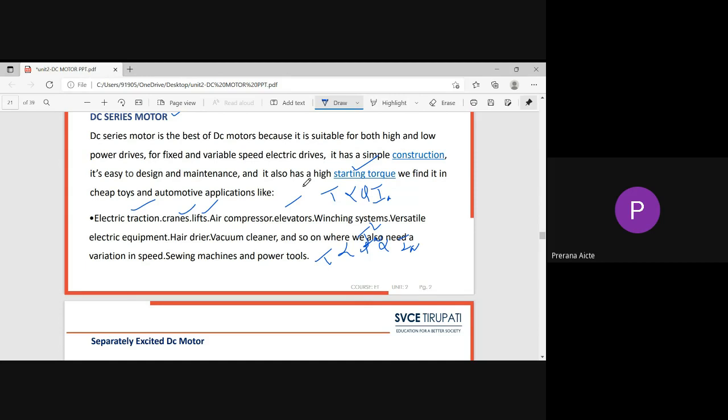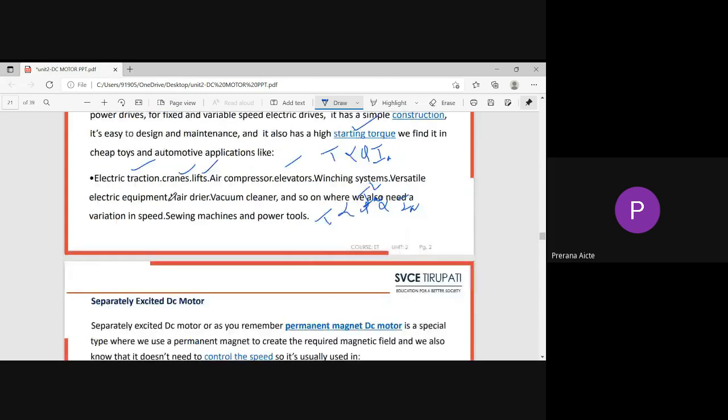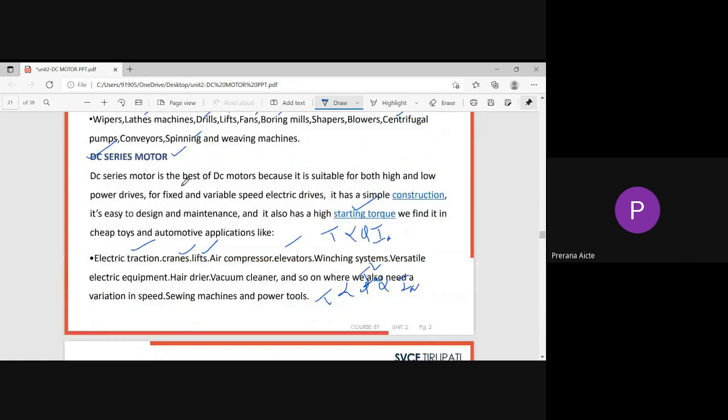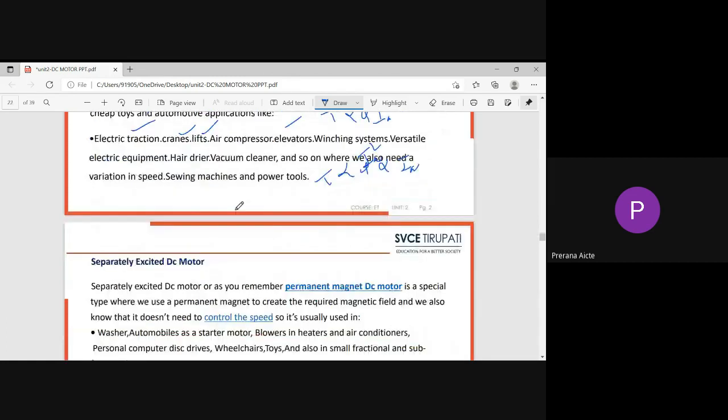So when 10 amperes of load current is given, the torque developed on this series motor is 100 Newton meters. Suppose 100 amperes of load current, it will develop 100 square, that is 10,000 Newton meter. That is the major advantage of the DC series motor.